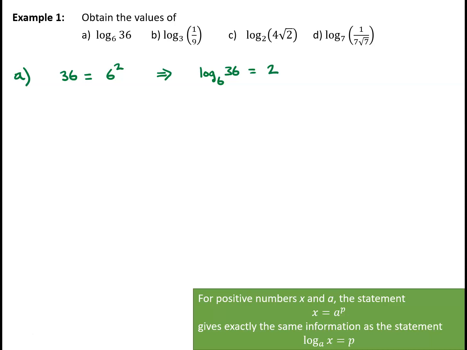For the second part, to find log to base 3 of 1/9, I need to write 1/9 as a power of 3. Well, I know that 9 is the same thing as 3 squared, so 1 over 9 is 1 over 3 squared. 1 over 3 squared is the same thing as 3 to the minus 2. So that tells me that log to base 3 of 1/9 is minus 2.